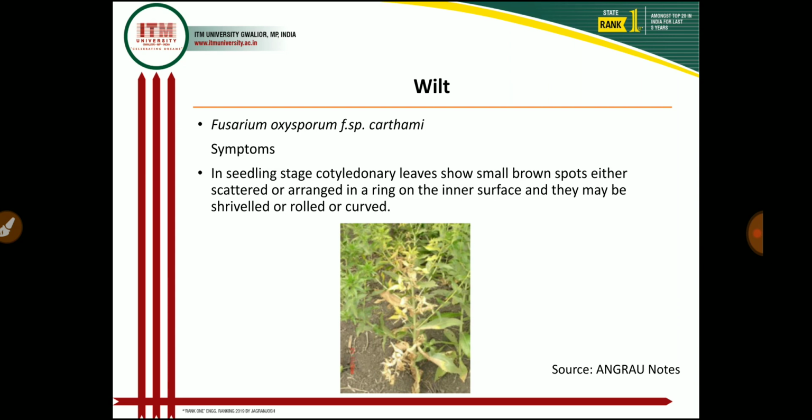After that these brownish spots enlarge in size and spread over the whole surface of the leaf. These symptoms become apparent when the plant is at the 6 to 8 leaf stage as yellowing of the leaves followed by wilting, epinasty, and vascular browning. Because of this disease, the vascular bundles are infected, so the translocation of water does not occur from root to leaf.